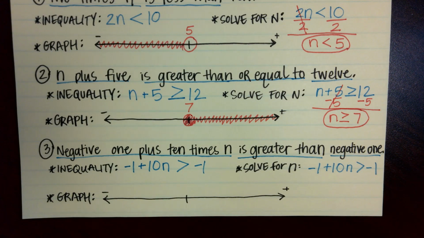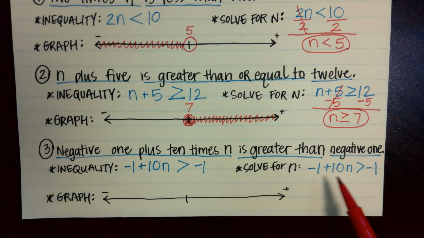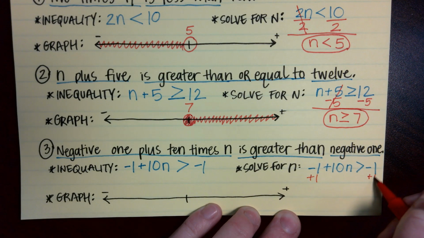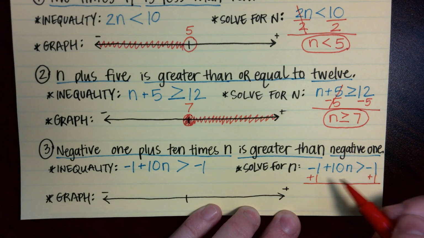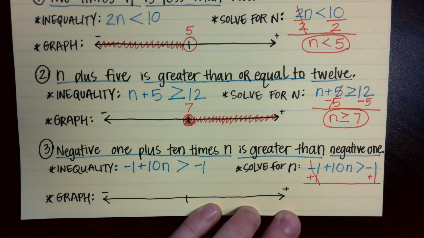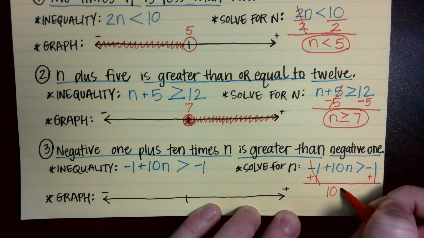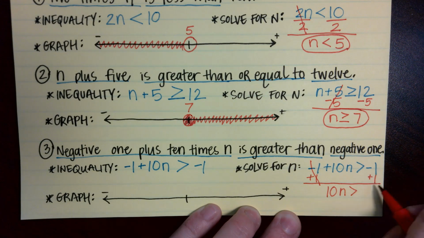What's our first step here? It's going to be add 1. Yes, we need to add 1 to both sides. What happens next? The 1's cancel out. Good. The 1's cancel out on this side, and then what? Drop everything down. I've got 10 times n is greater than, what is -1 plus 1? 0.